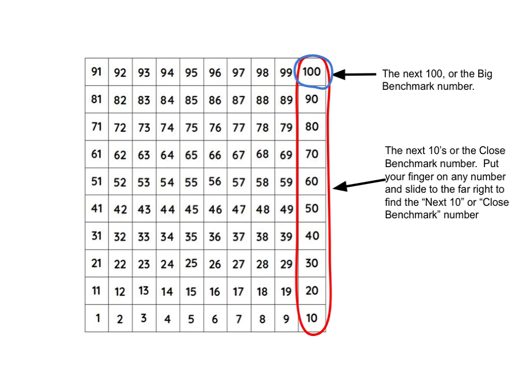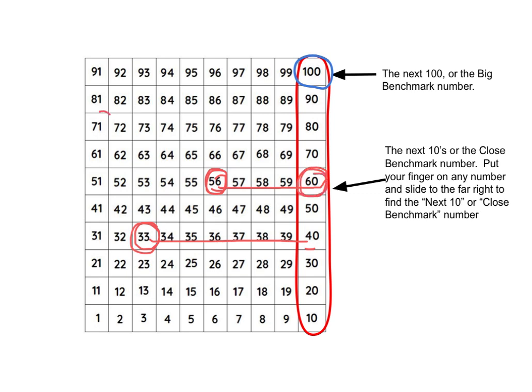If we look at a hundreds chart, we're always looking for the next 10 or the benchmark number. So if I want to know 33's next 10, the answer would be 40. If I want to know 56's next 10, I slide to the right and the answer would be 60.